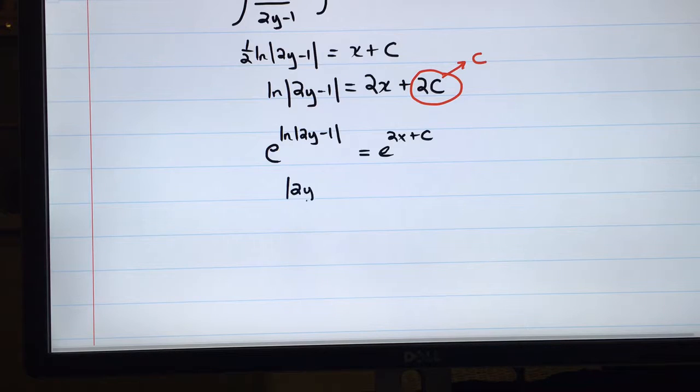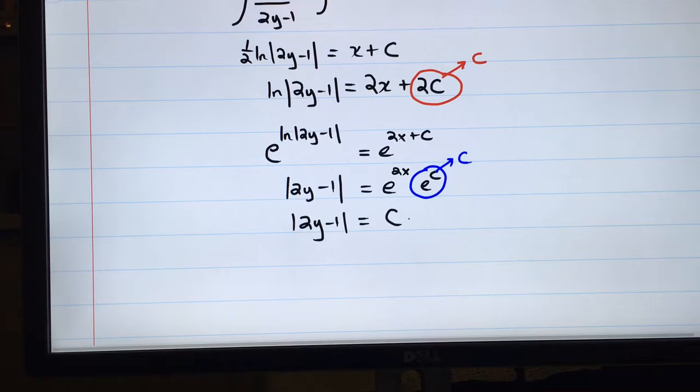So I'm down to the absolute value of 2y minus 1 is equal to e to the 2x times e to the c. And we have this bit of history to repeat: again, a constant raised to a constant is still going to end up as a constant. So I have the absolute value of 2y minus 1 is equal to c times e to the 2x.